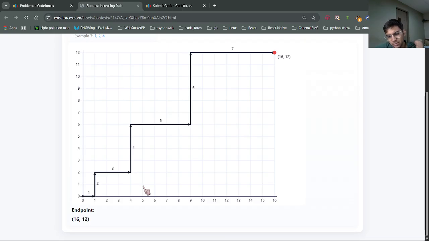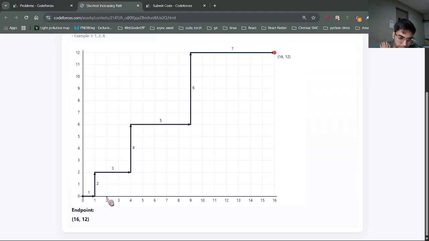So in what way can I determine it? So if I can reach here, I can't reach probably, let's say. Okay, I cannot reach any. No, I can reach.